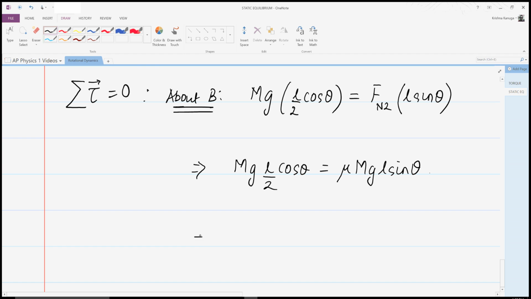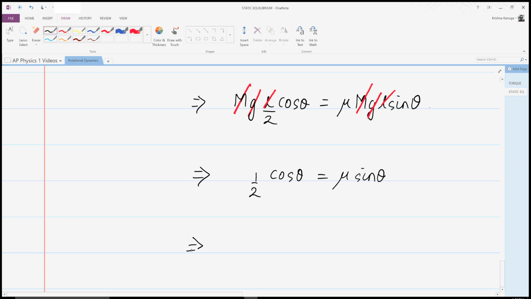A lot of things cancel out. You'll see that m and m can be factored out, g and g goes away, L also goes away. So we are essentially left with half cosine theta is equal to mu sine theta. Let's move all the thetas on one side and everything else on the other side, and I end up getting 1 over 2 mu is equal to sine theta divided by cosine theta.